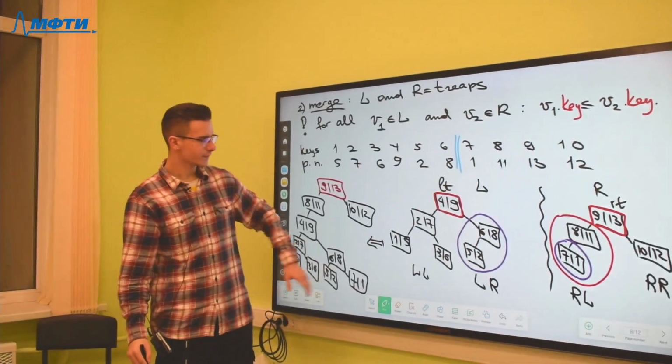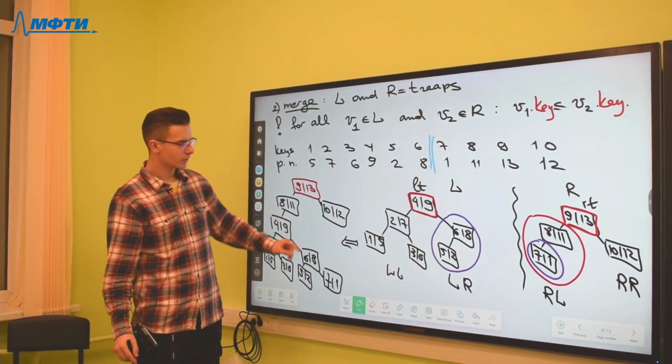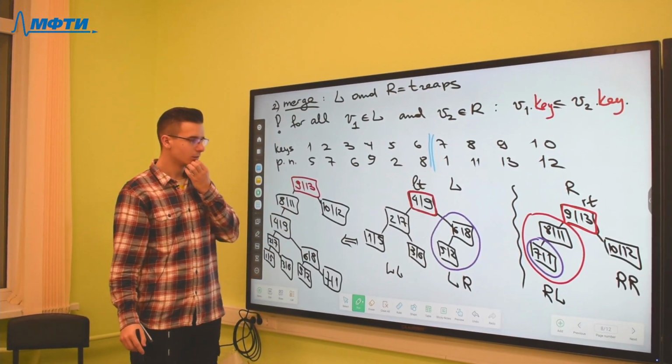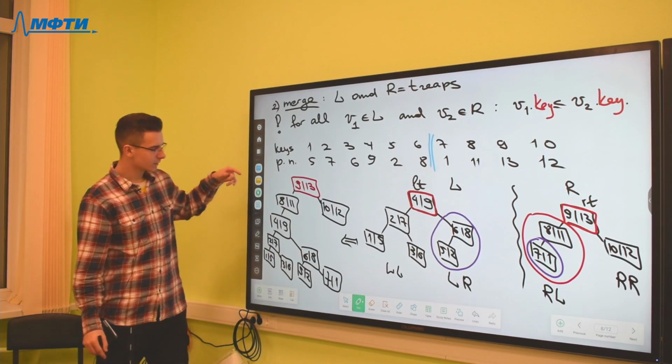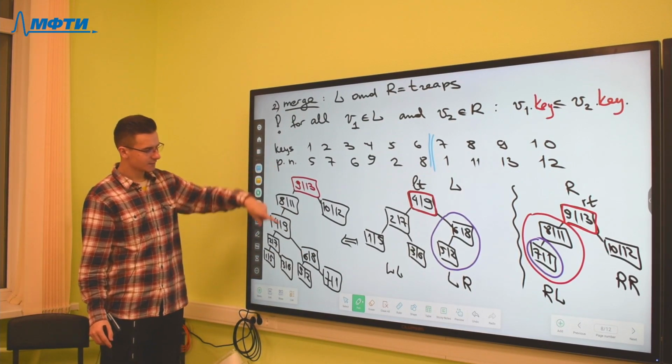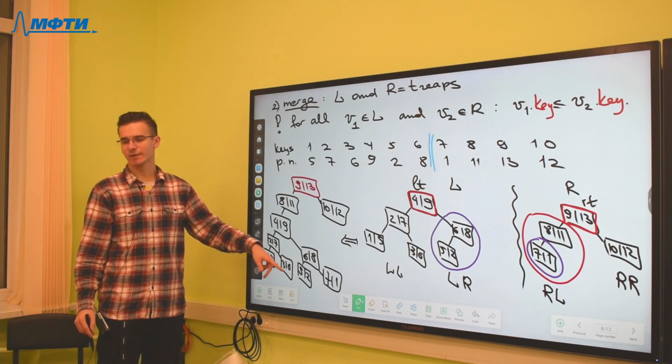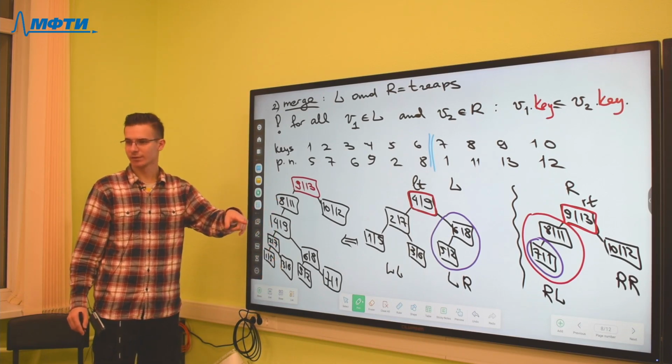Okay, and about merging, if we merge these two, we know that it will be equal to the depth of this new tree, and it is asymptotically the sum of the depths of these trees.